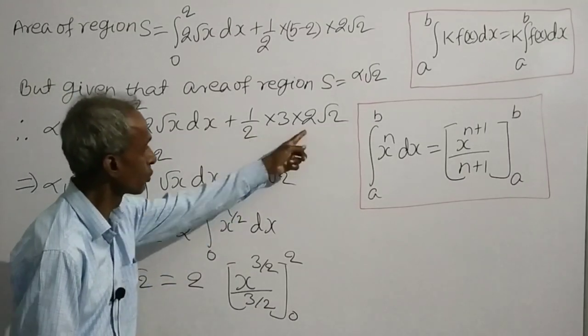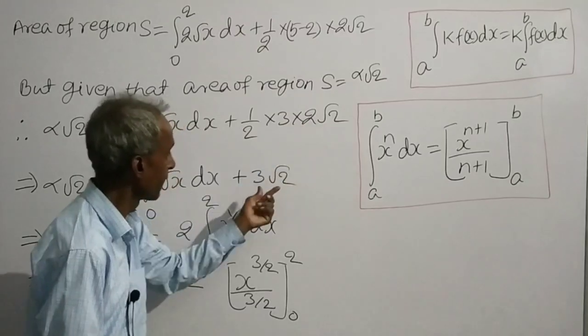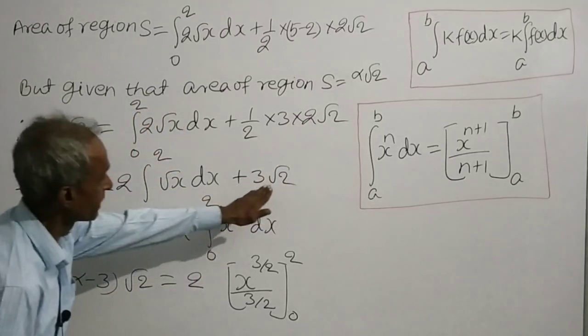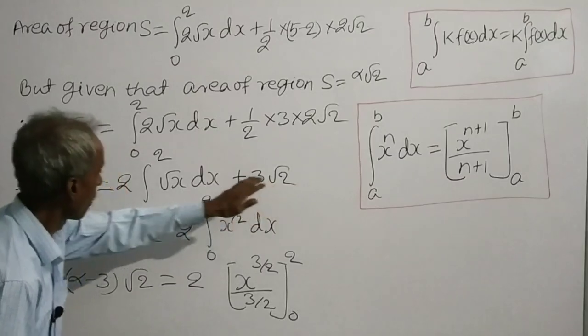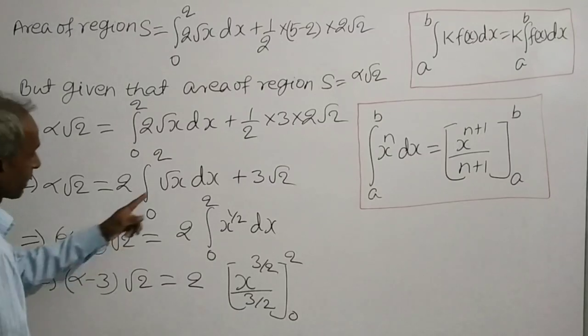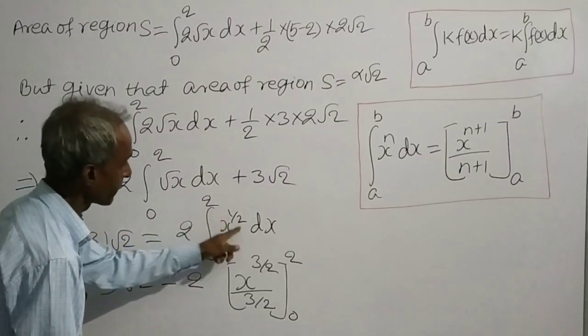Here these two will be cancelled out, and here will be left 3 root 2. Now we shift this 3 root 2 on the left hand side, then we get this, and root x means x to the power 1 by 2.